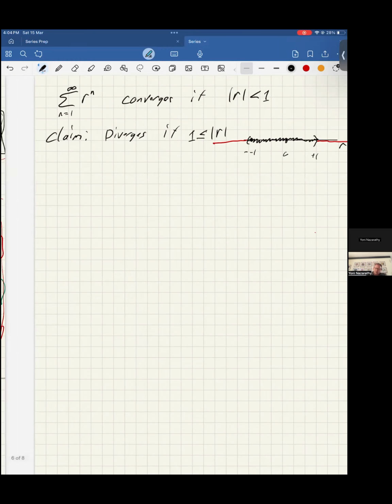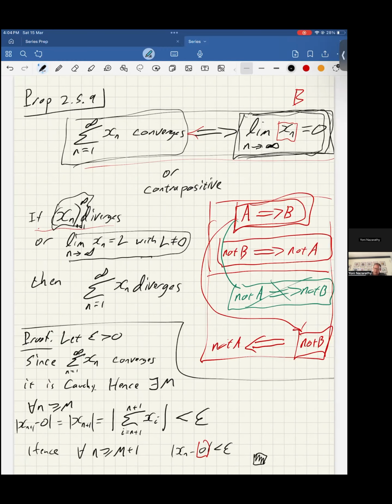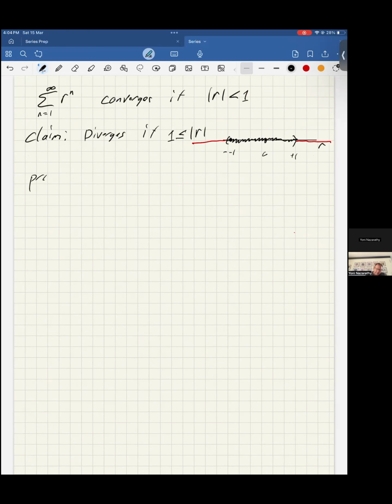So let's use this theorem to show that it diverges. Let's look at the geometric series with r greater or equal than 1 in absolute value. So take the sum n from 1 to infinity of r to the n, with r in absolute value greater or equal than 1.